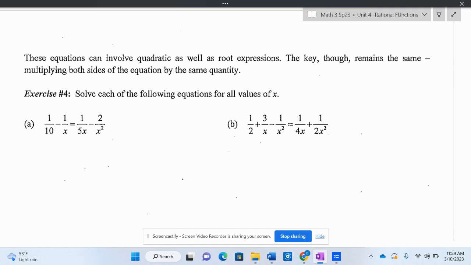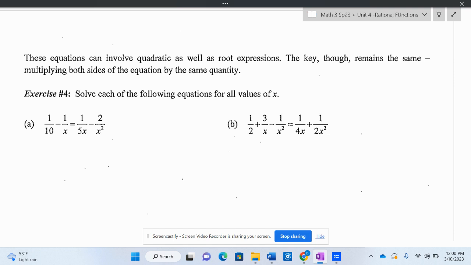So let's just look at the constants. I have a 10 and a 5. So we know that 10 is divisible by 10. Does 5 divide 10? Does 5 go into 10 nicely? So the constant that we want to multiply by is 10. Now we have to look at our variable terms because we have a couple of variables in the bottom. What is the largest power of variable term that we have in the denominator?